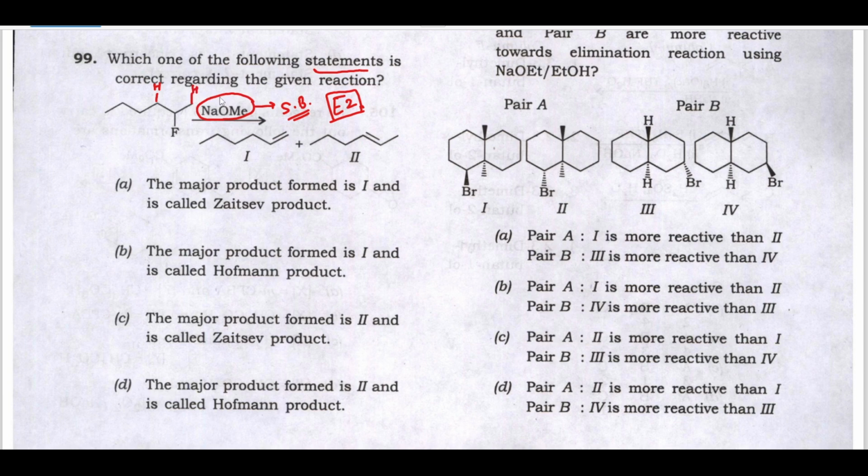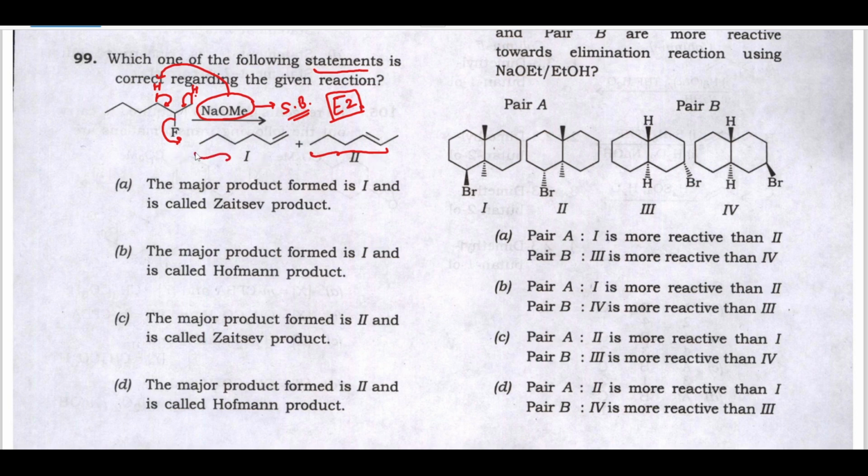First of all, if this base abstracts a proton from this carbon, these electrons will shift here, and the fluoride anion will leave as a leaving group, and this product will be formed. Similarly, this alkene will be formed if it abstracts a proton from this carbon atom, and these electrons will shift here and fluoride will leave from here.